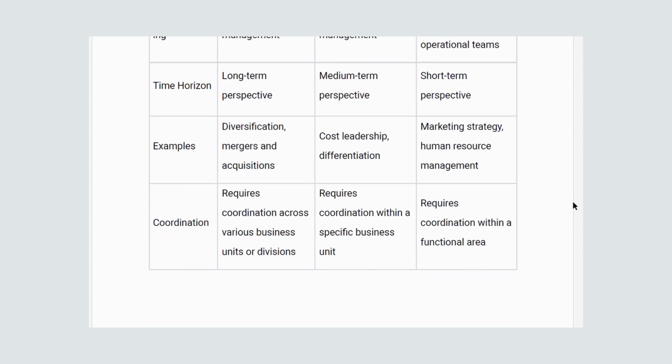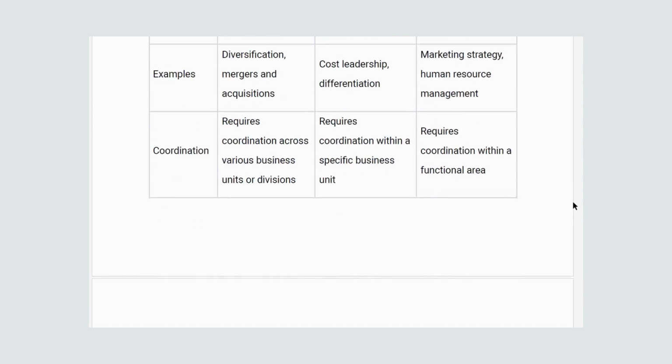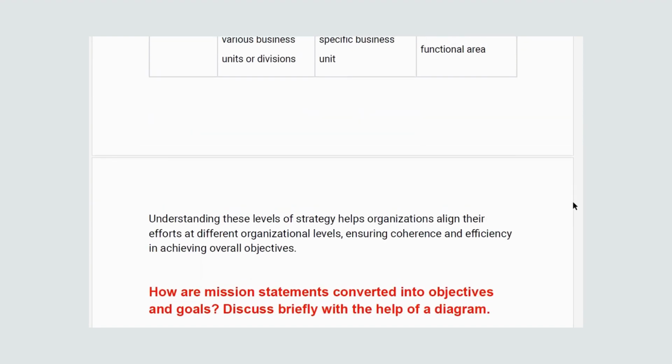In business level, it requires coordination within a specific business unit. And in functional level strategies, coordination is required within a functional area. Understanding these levels of strategy helps organizations align their efforts at different organizational levels and cooperate and bring efficiency in achieving overall objectives.